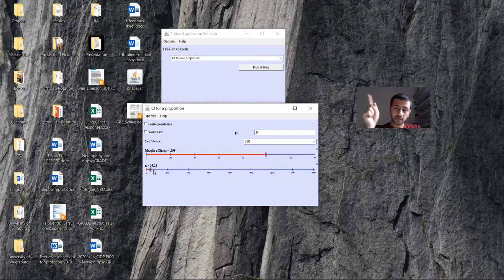I need 100 more participants, like 3 times my previous number, just to get like half the range. Okay, so if you agree with this, we will move on to the next calculator.